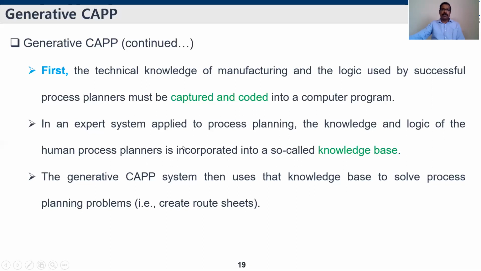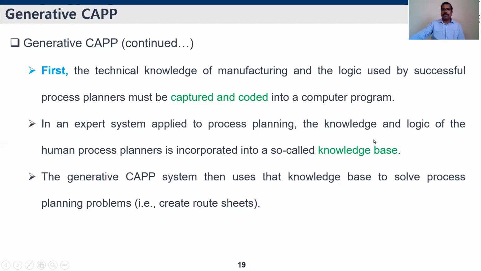In an expert system applied to process planning, the knowledge and logic of the human process planner is incorporated into a knowledge base. So as I said, first we capture the knowledge of the process planner and code it in the form of a computer program. This stored information is called the knowledge base.